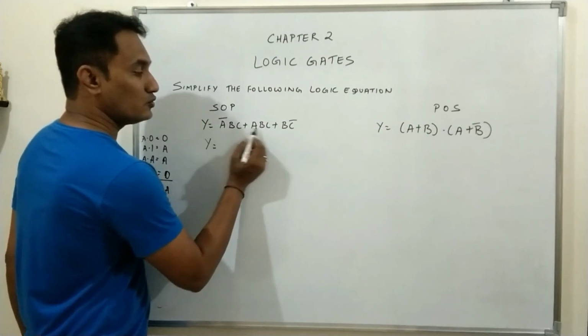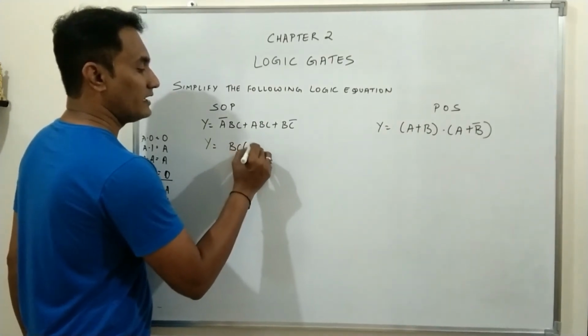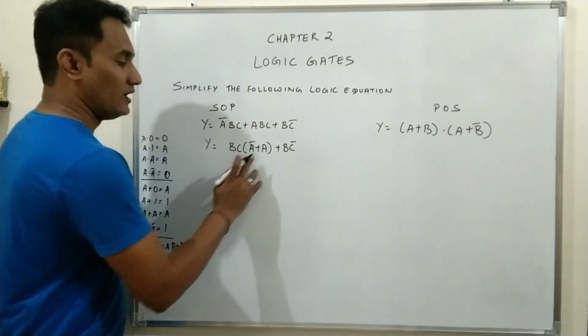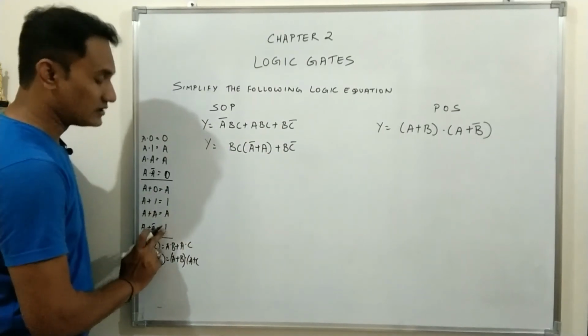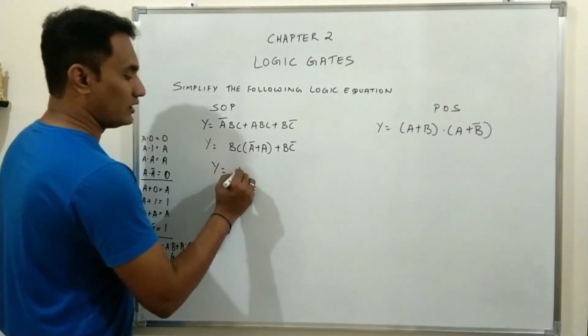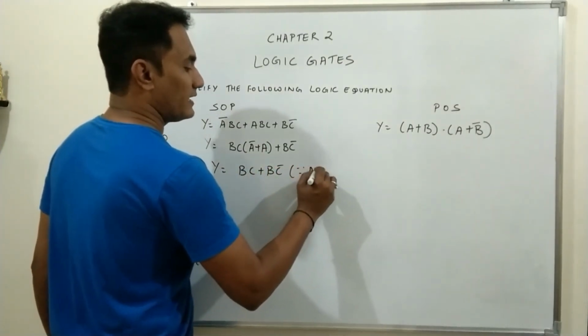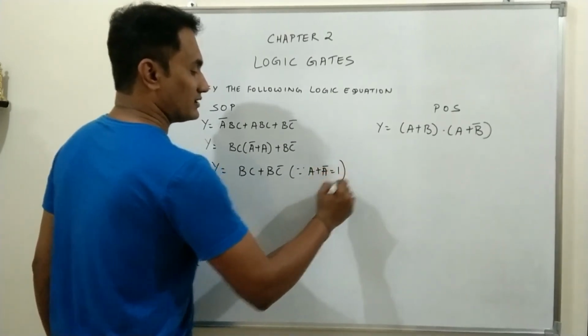In these two expressions, BC is common, so it will be BC (A bar plus A) plus BC bar. What is A bar plus A? It is the OR law, A plus A bar equals 1. So Y is equal to BC plus BC bar, since A plus A bar equals 1.